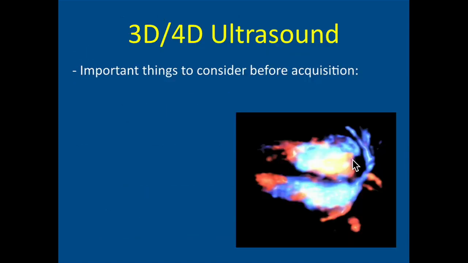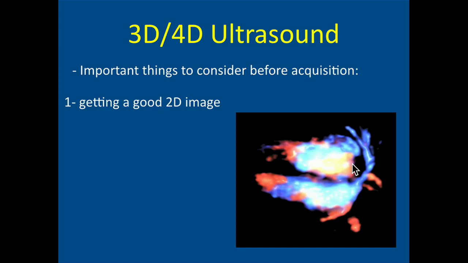So, things to improve or consider before you get an image. I can't help but really think it's an extension of everything Tracy just told you. It's really basic image optimization, but adding a little bit of what you also have to consider for volume-based imaging. Number one is to get a good 2D image. If you have a really lousy 2D image, there's nothing magic you're going to do to it with 3 and 4D.